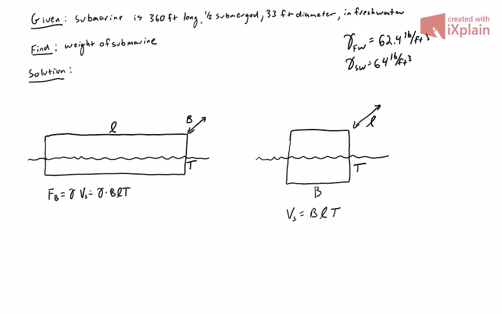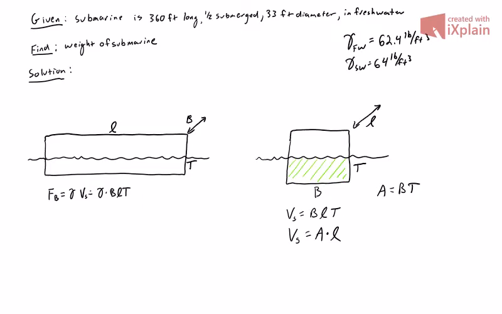But if you look at this frontal area of the barge that's submerged, that area is equal to the beam times the draft. So we can rewrite the volume that's displaced as the area times the length.